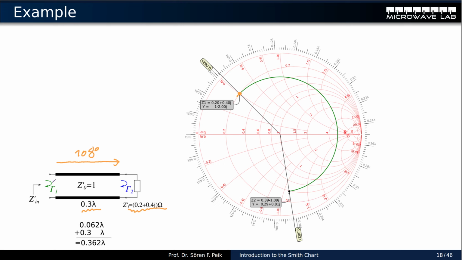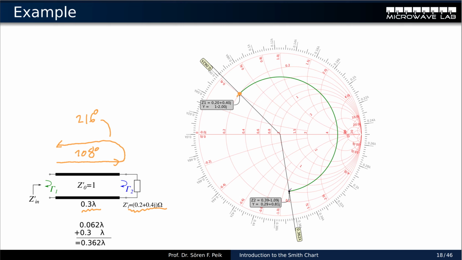When I feed in a wave here, it comes out on the other side with that delay. Since the rotation is always 2 times the phase delay, because the wave goes in one direction, gets reflected, and comes back, I have to add 216 degrees in total.